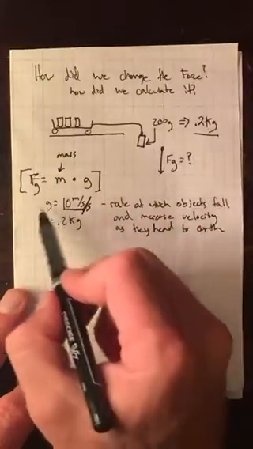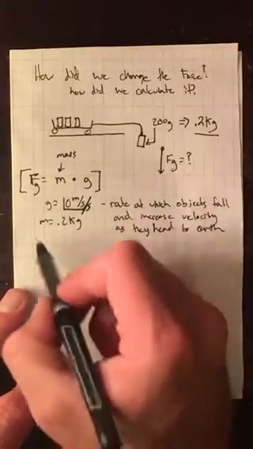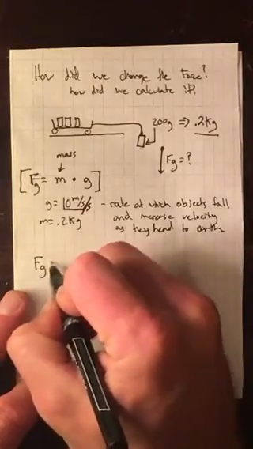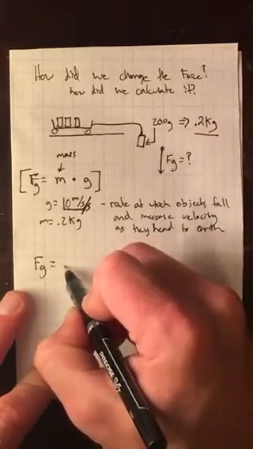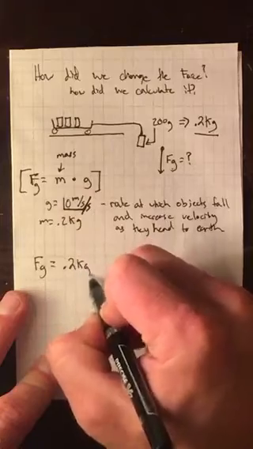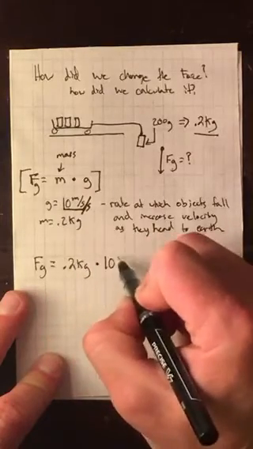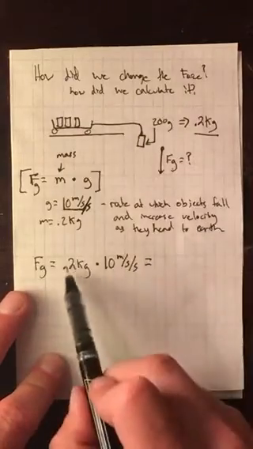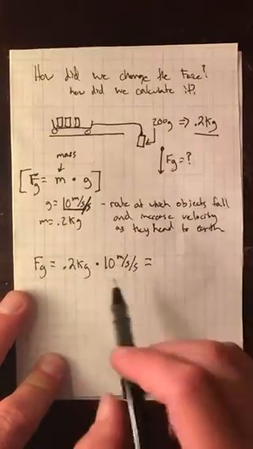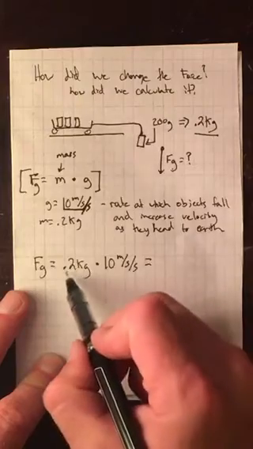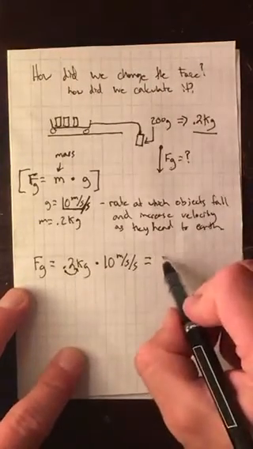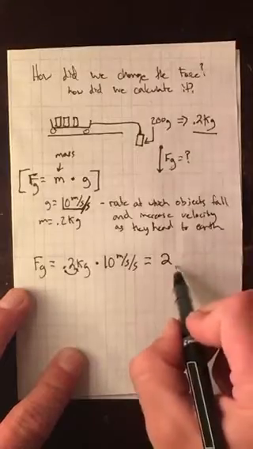Then we have all the elements here to solve for force due to gravity. Our force due to gravity equals 0.2 kilograms times 10 meters per second per second. What's 0.2 times 10? Well, multiplying anything by 10 is really easy. You just have to move the decimal place over. Boom. That's 2.